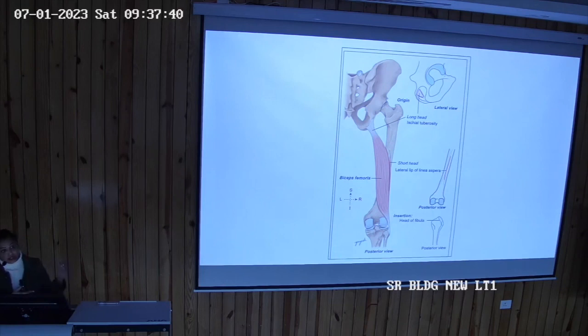Then both the heads meet in the lower 1/3 part and then get inserted on the head of the fibula. Okay. So I think this is the only muscle that is taking insertion on the fibula. Where was the insertion of all the others? On the tibia. And this one is inserted on the fibula, adductor magnus is inserted on the femur.